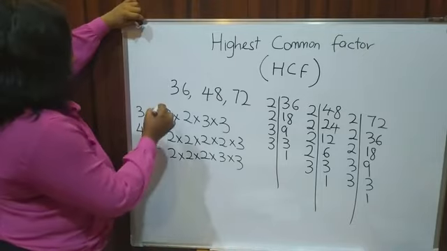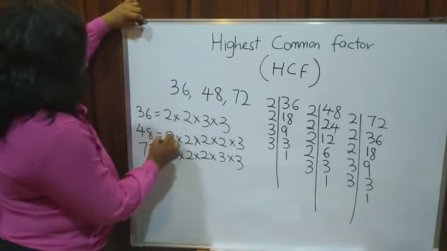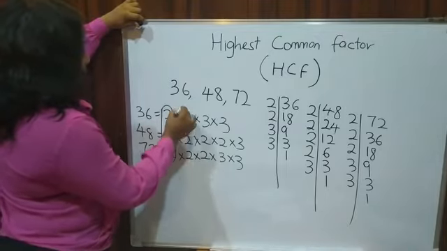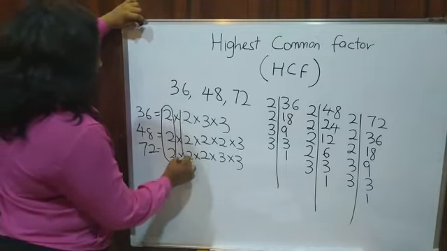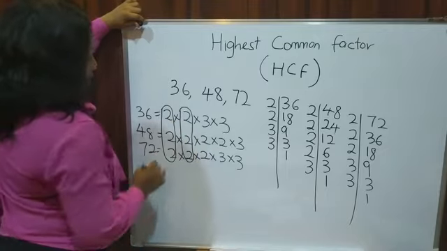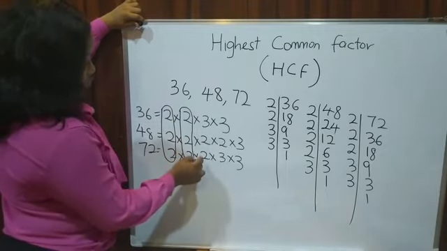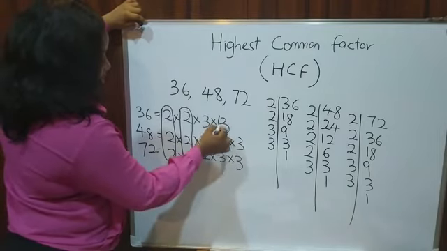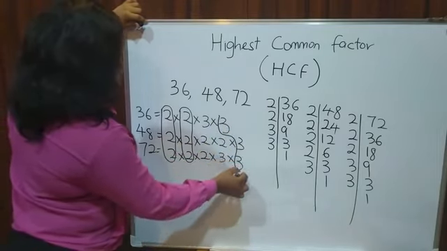So we get their common factors. We have 2, 2, 2, circle them. We have another 2, 2, 2, circle them. Then we have 3, 3, 3, and this one goes.